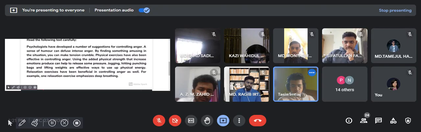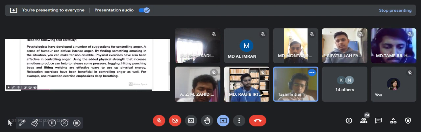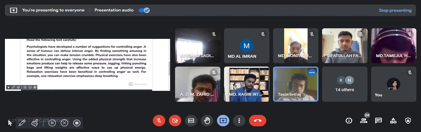In the following text, some suggestions have been provided for controlling anger. However, the suggestions are not specifically mentioning any points. As a result, the first sentence can be counted as weak main idea. On the other hand, if you will go through the text carefully, you will see that three specific ways have been mentioned for controlling anger.